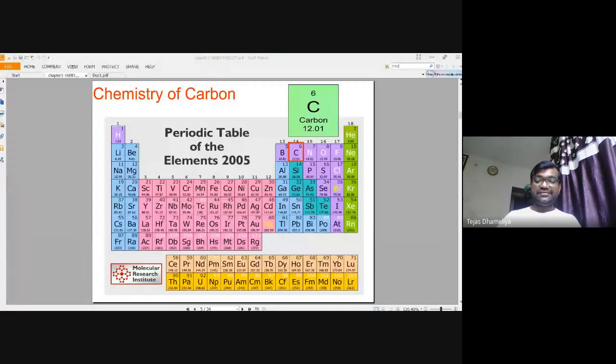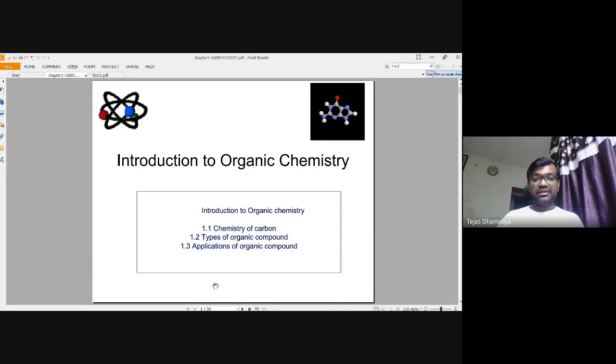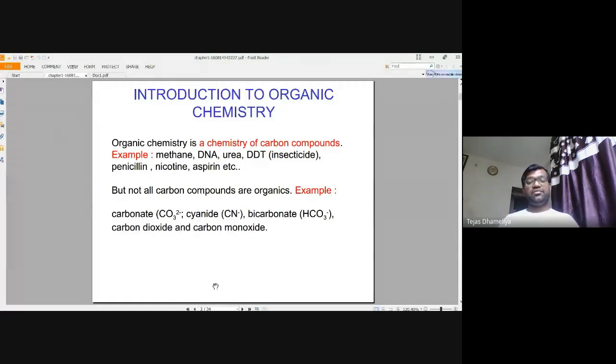So this way, our organic chemistry is basically the chemistry of carbon, 6 carbon 12. And this carbon is present in so many other molecules, because we know that when atoms are connected with each other through certain bonds, they will compose a particular kind of molecule.